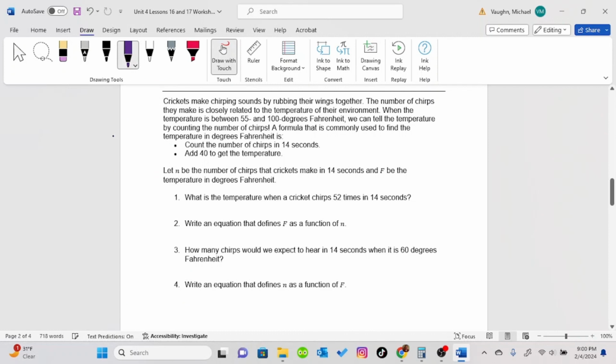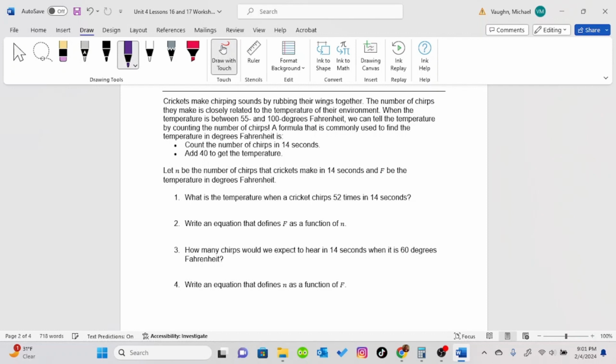Crickets make chirping sounds by rubbing their wings together. The number of chirps they make is closely related to the temperature of their environment. When the temperature is between 55 and 100 degrees Fahrenheit, we can tell the temperature by counting the number of chirps.